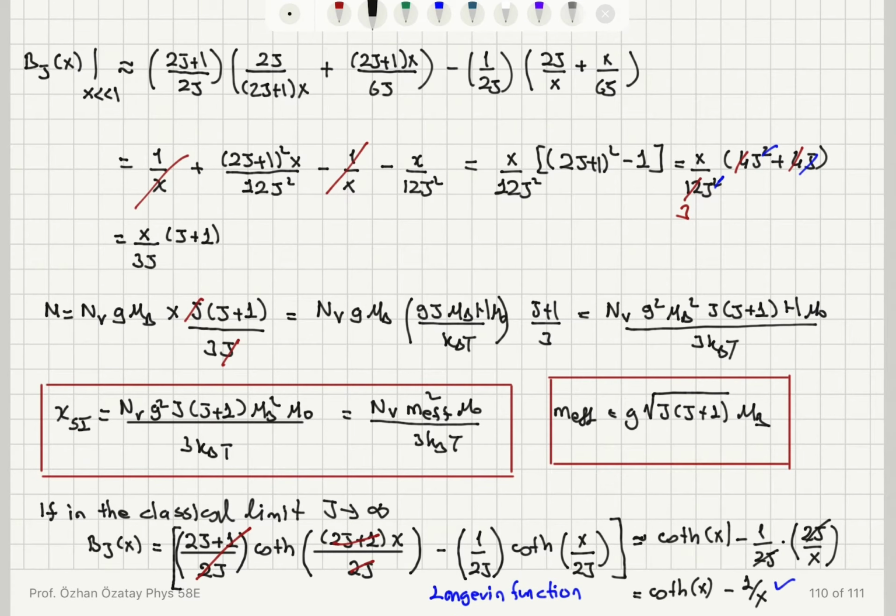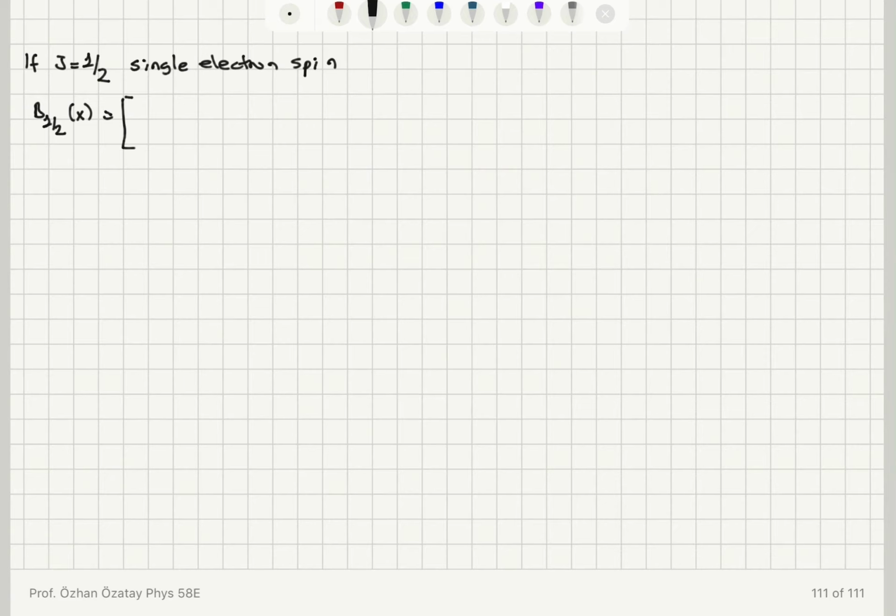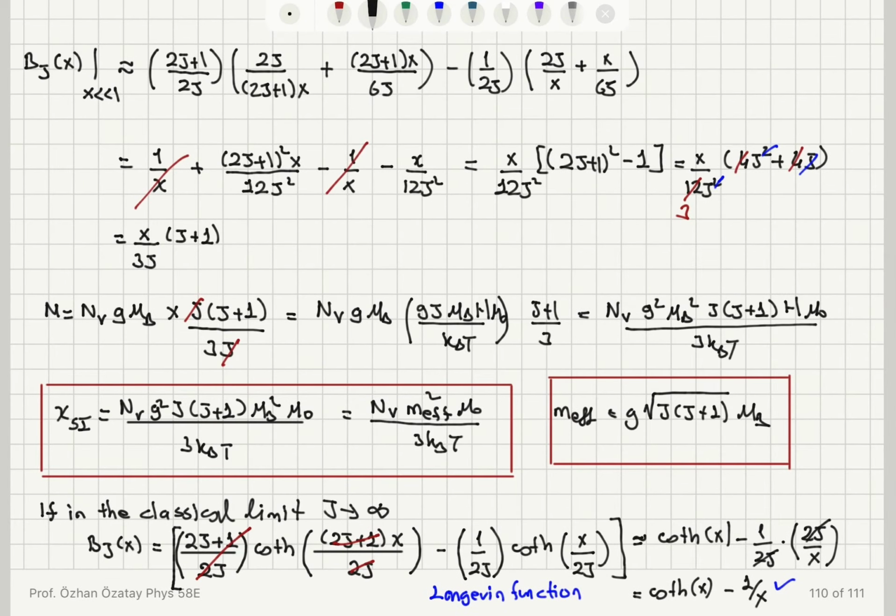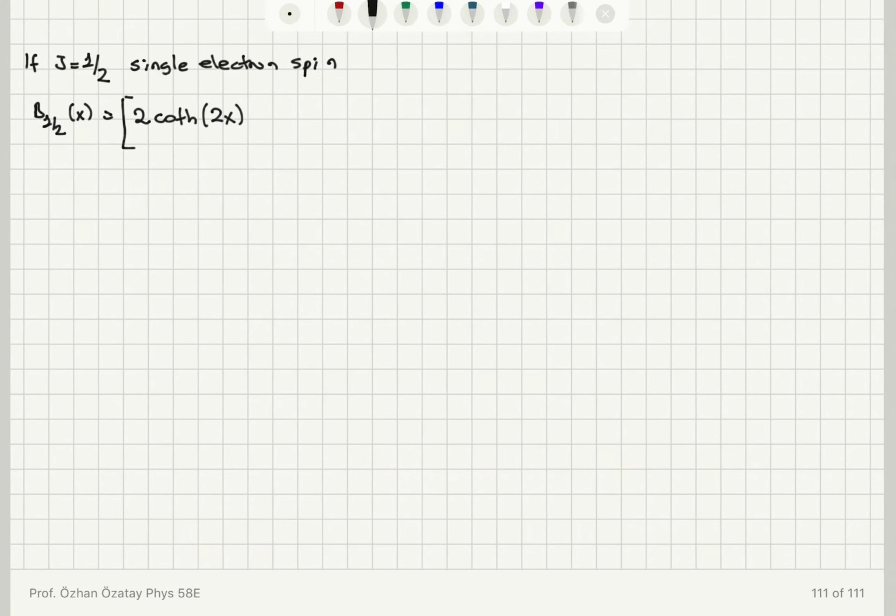When I substitute j equal to 1 over 2, 2 times 1 over 2 is 1, 1 plus 1 over 2 times 1 over 2 is 1. So I will have 2 divided by 1, 2 cotangent hyperbolic 2x, and 1 over 2j will become 1 minus cotangent hyperbolic x. So basically I would like to show that this is tangent hyperbolic.